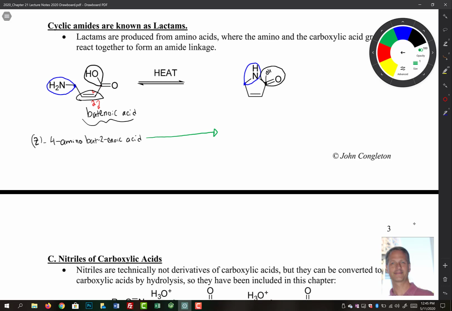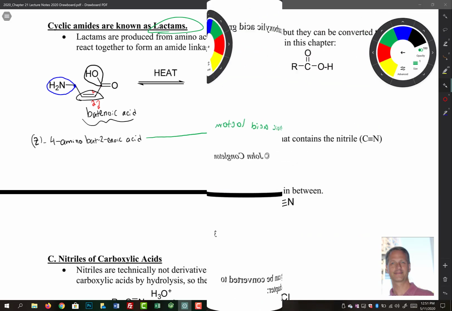We just copy that name. So it'll be a Z-4-amino-but-2-enoic acid, and then we're going to add the word lactam here. So you get lactam. And that is how you name cyclic amides.